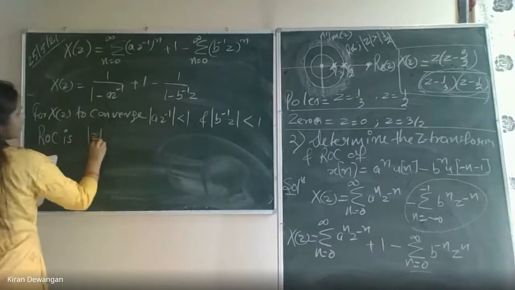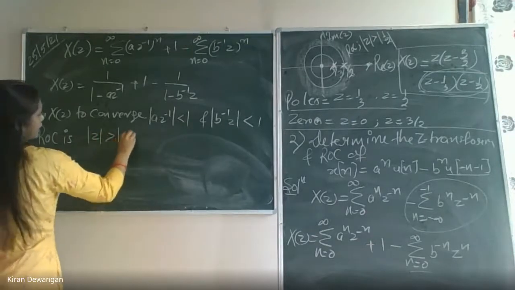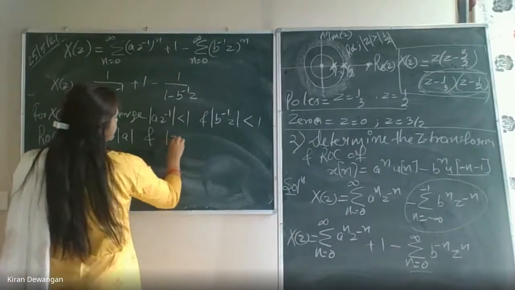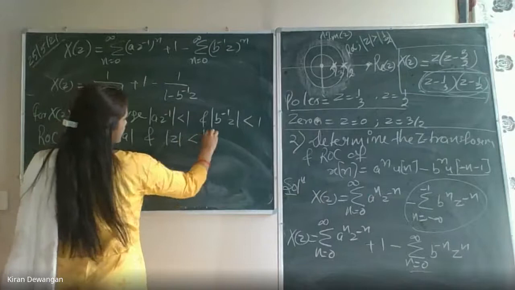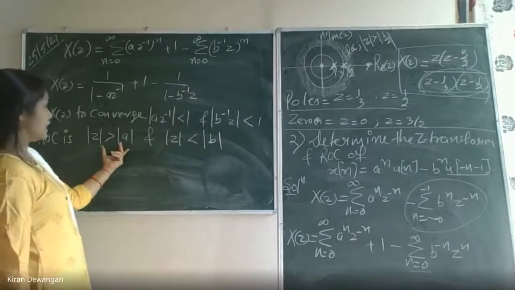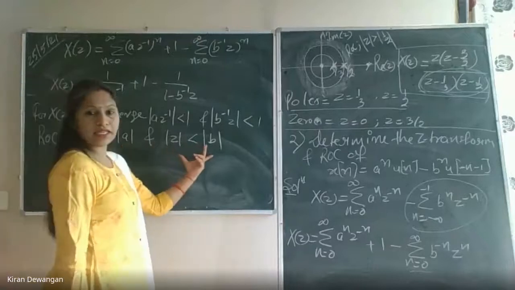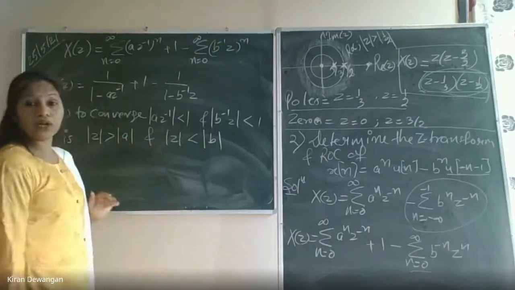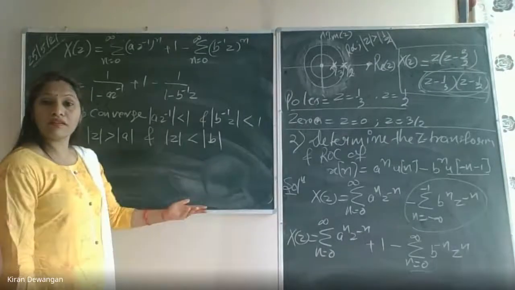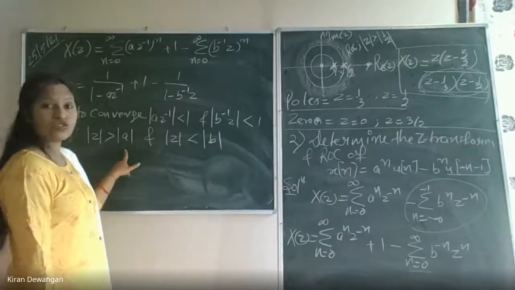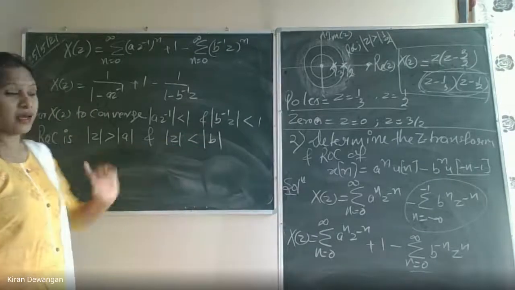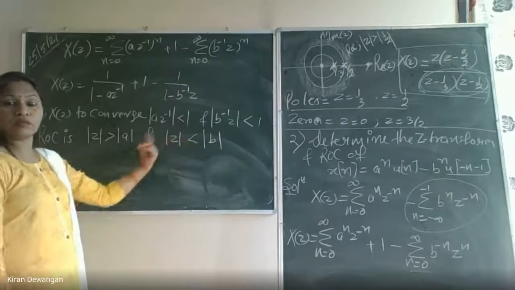Mod of z greater than mod of a and mod of z less than mod of b. Now there are two cases. कि अगर a और b पे डिपेंड करेगा कि what are their values, since we have taken just in terms of a and in terms of b, so that matters कि आपका a और b क्या है, whether a is greater than b or b is greater than a.